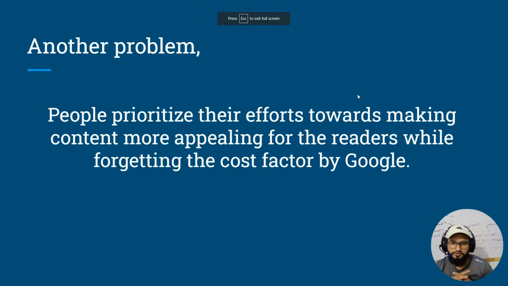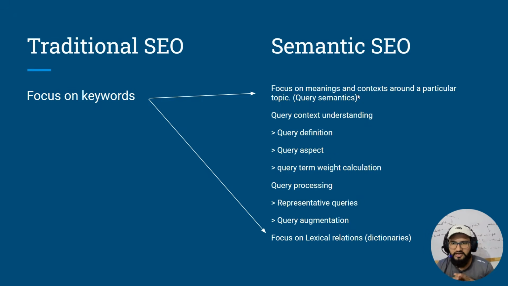Okay, so the next slide is about the actual differences between traditional and semantic SEO. The first difference, as we discussed a bit about keywords, is the role of keywords in traditional SEO.